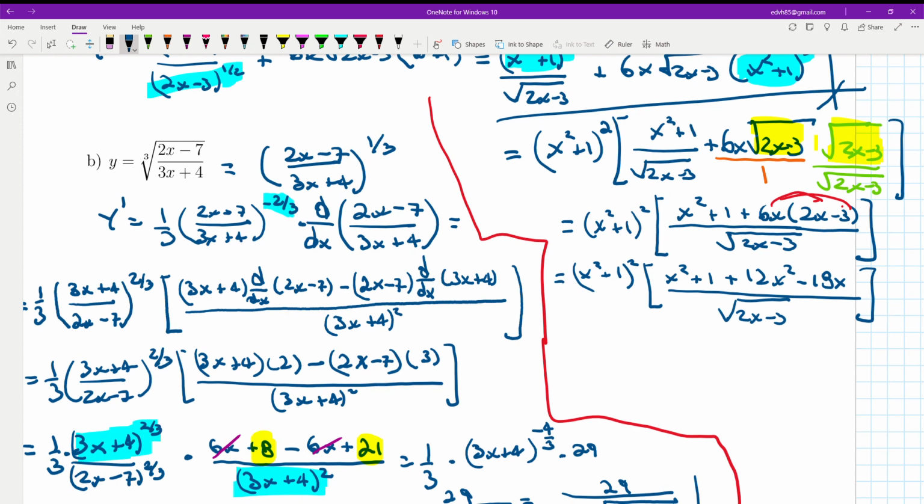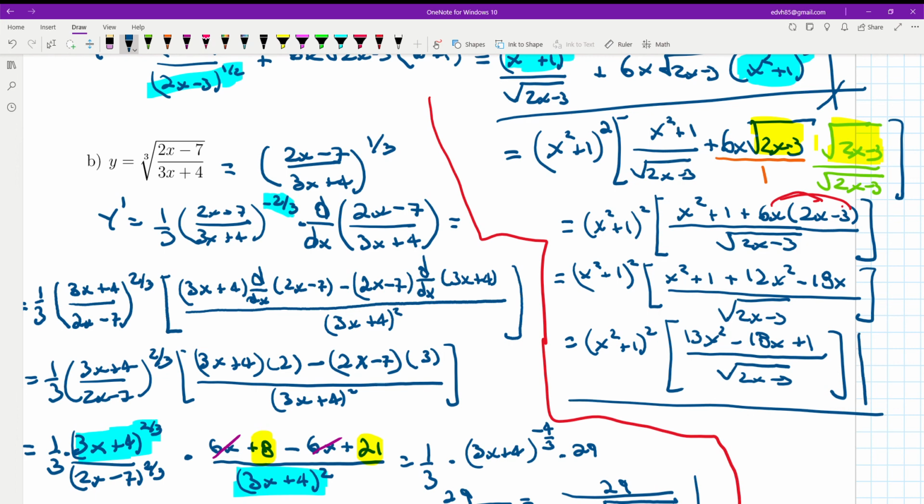That'll be x squared plus 1 squared times 13x squared minus 18x plus 1, divided by the square root of 2x minus 3. And that's what I would call a final answer here. That's a more compact way to write this as a final answer.